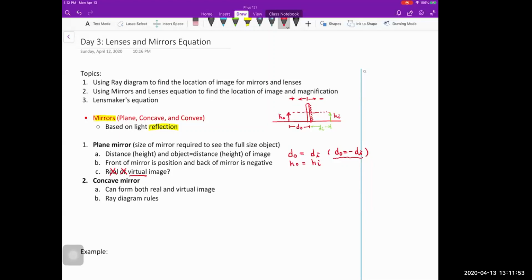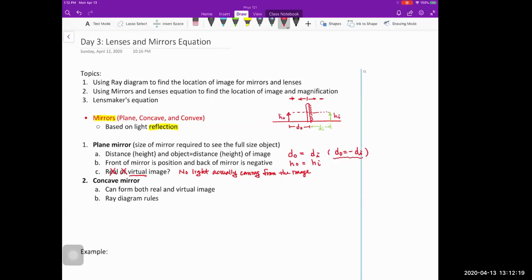That is going to be a virtual image. Because it's on the back of the mirror, it's not possible that you have any light coming from the back of the mirror.